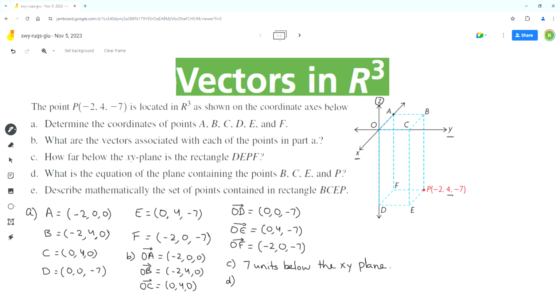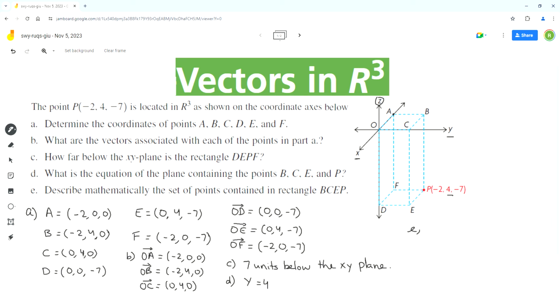So all points that lie on this plane will have a Y coordinate equal to 4. That's why the equation of the plane is Y equals 4. This should be the final answer for part D.